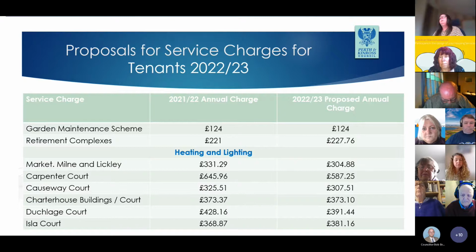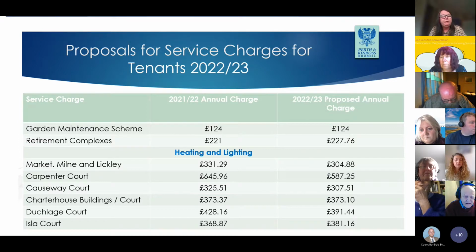Okay, so in the first instance, what we want to go through is that some tenants, as well as paying a rent charge, also pay a service charge, and that can either be for an optional service, for example the garden maintenance scheme, or for a compulsory service which comes with the building in which the individual lives.